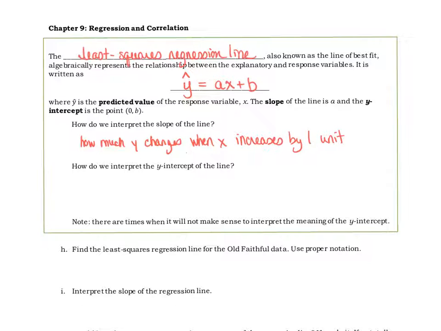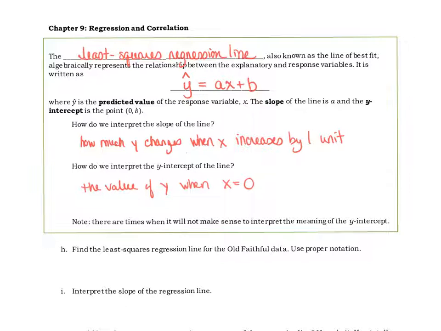The interpretation of the y-intercept is the value of y when x is equal to 0. Now, there are times it makes no sense whatsoever to let your x variable be 0.